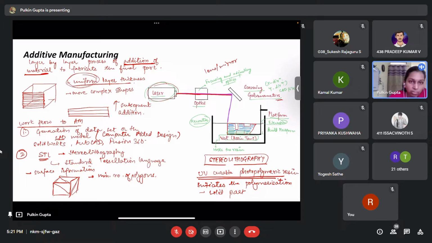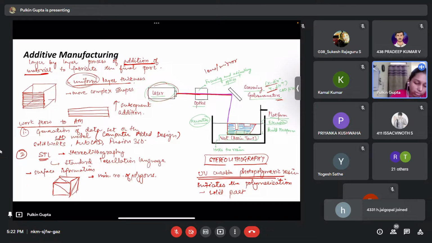You cannot drive them manually. And you can control only the X and Y motion of the beam through this mirroring system. That is controlled as per the CAD file or the contour information that you have given.